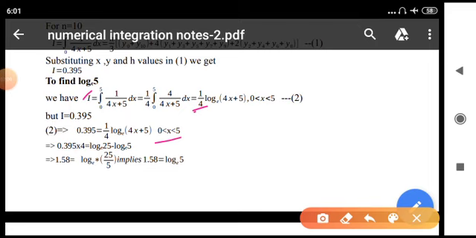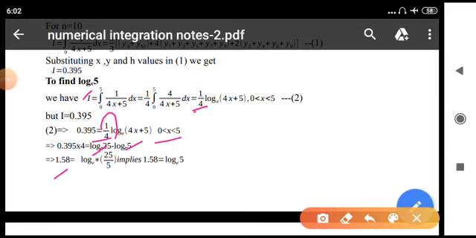Now I take the 1 by 4 to the other side, so it will be 0.395 into 4, is equal to, when you apply the limits on the right hand side, log of the upper limit: 4 into 5, 20 plus 5, 25, log 25 to the base e, minus the lower limit: x is 0, so it will be log 5.